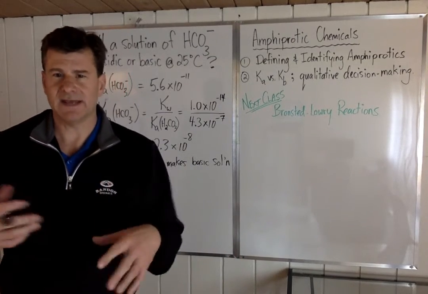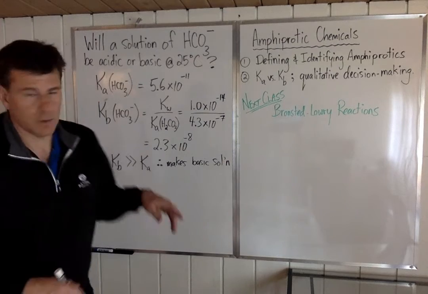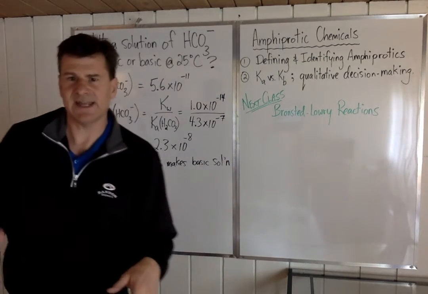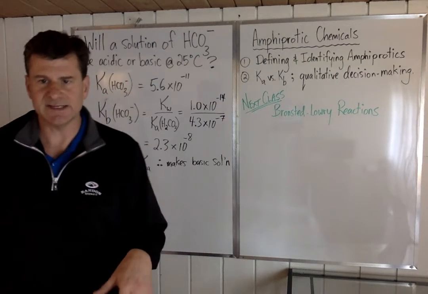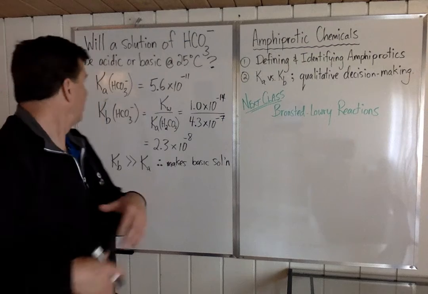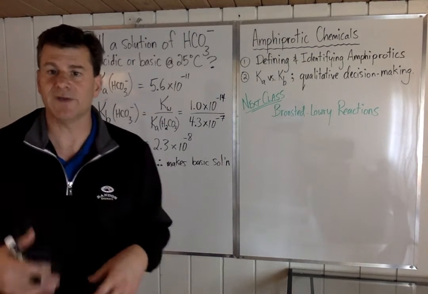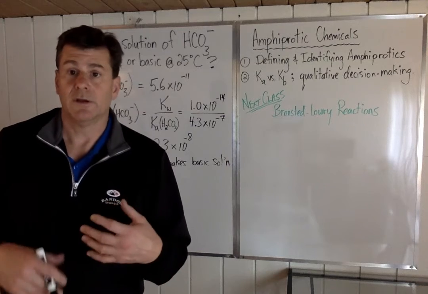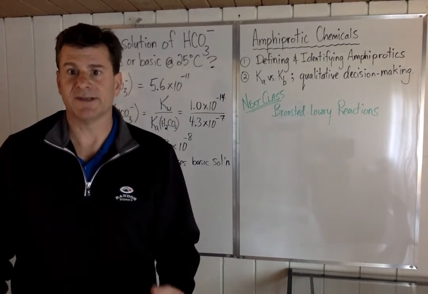Now, to take that a step further, to explain a little more, you can see that the Kb is approximately 10 to the negative 8, and its Ka is 10 to the negative 11. I know it's 2.3 and 5.6, but whatever, 10 to the negative 8 and 10 to the negative 11. So that's about a difference of 10 to the third, which is 1,000.